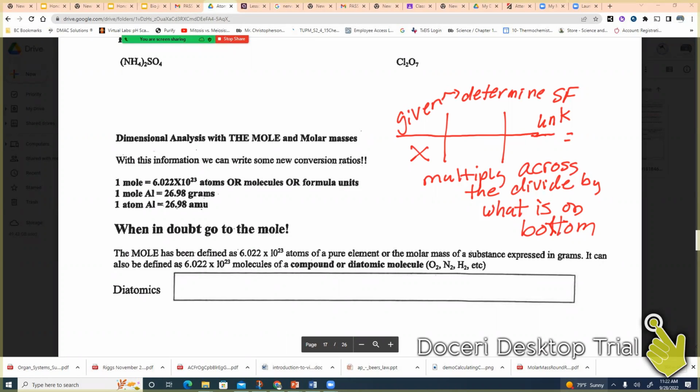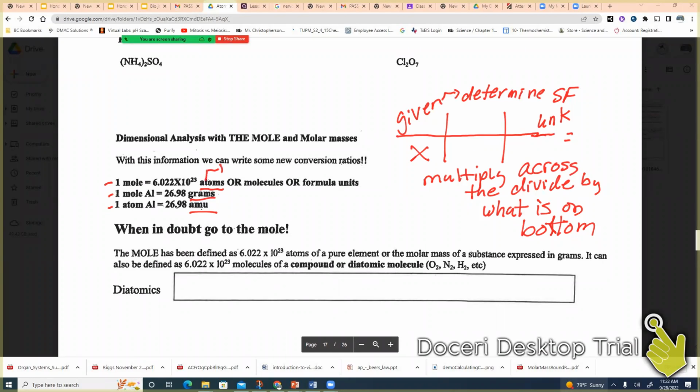So these are different ways that we can talk about a mole. And as far as what it contains, if you notice, all of these are 1 mole, but they're different numbers because they're different units or they're measuring different things. Avogadro's number tells us how many atoms, molecules, or formula units you have.